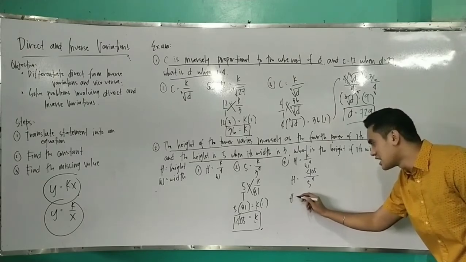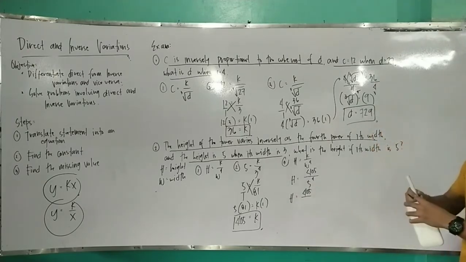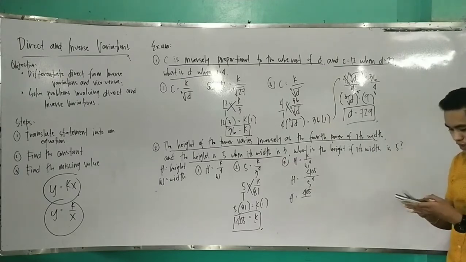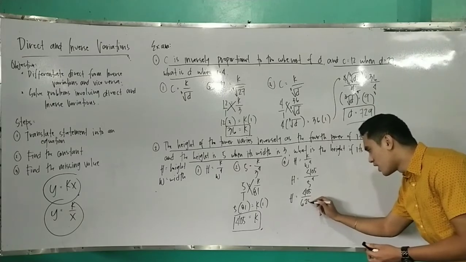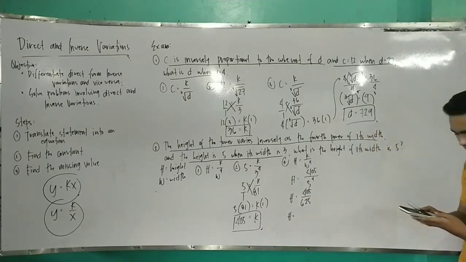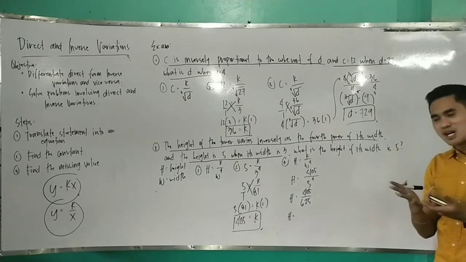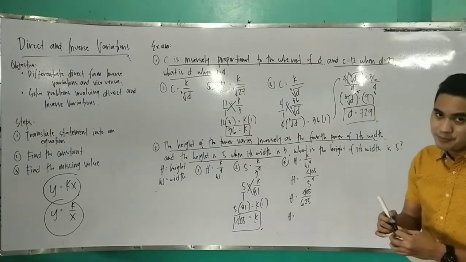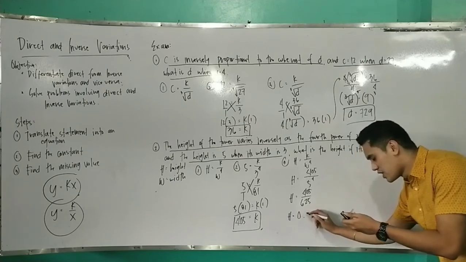So height ang hinahanap, so 405 divide 5 raised to 4. So, bali dyan, meron tayong 625. So, ang height natin, 405 divide mo by 625. So, bali meron tayo dyan, naka-decimal, pwede nyo namang i-round off. And to nearest hundredth, meron tayo dyan 0.65.